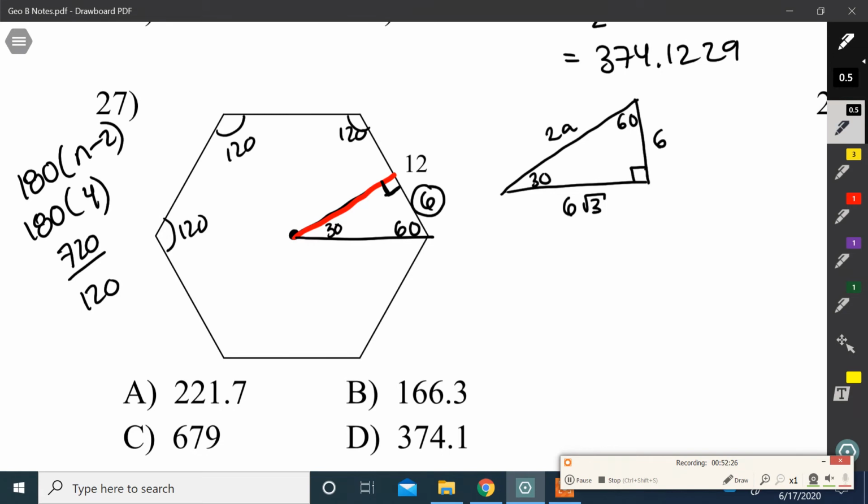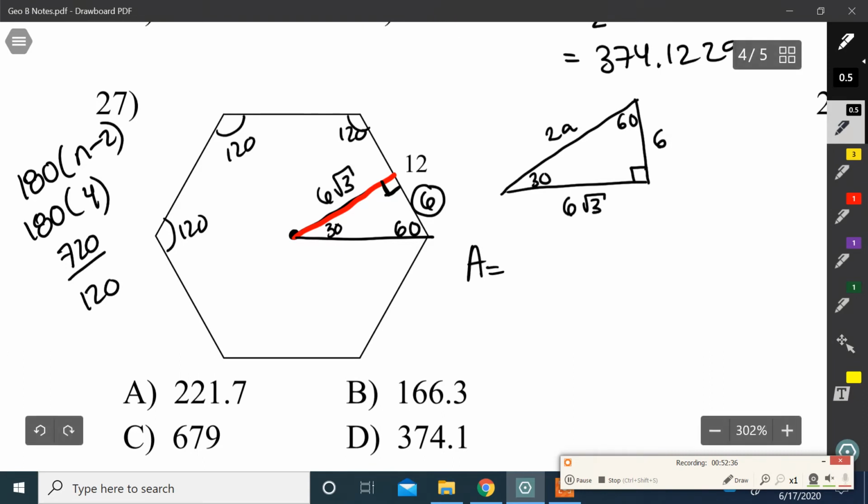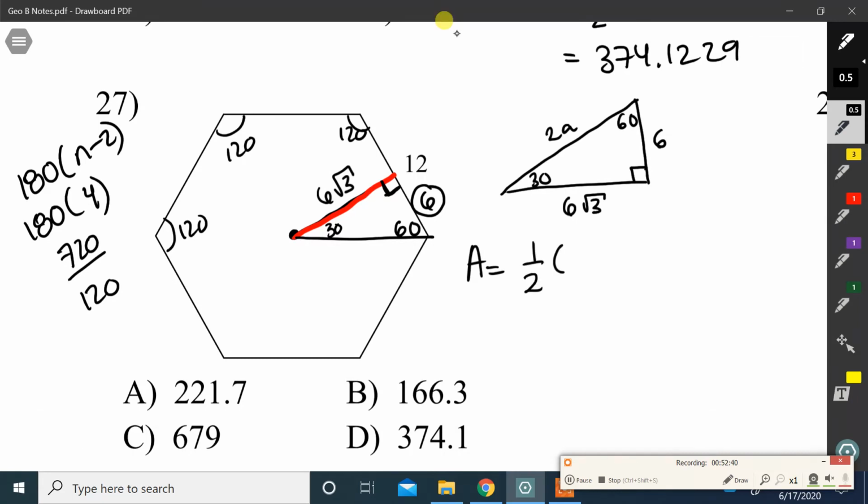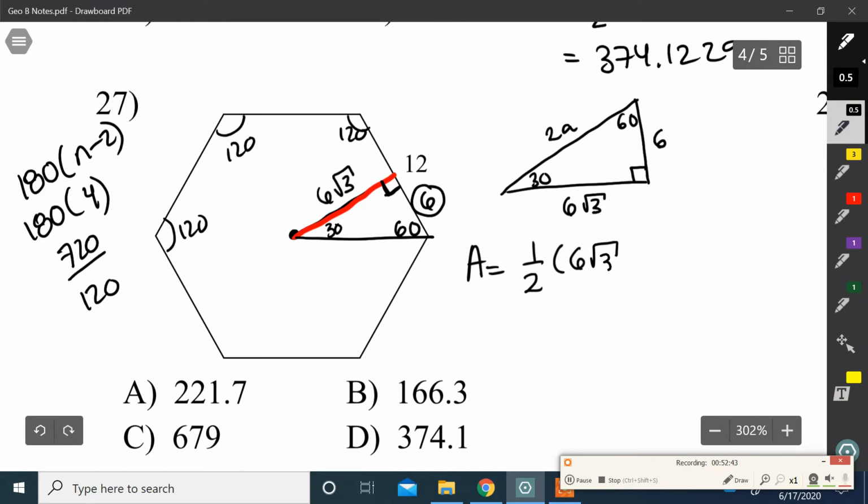So the bottom, I know it's kind of difficult to see, is 6 square root of 3. So the area of this would be half times the bottom, which is 6 square root of 3, times the perimeter. The perimeter is 12 times the number of the sides.